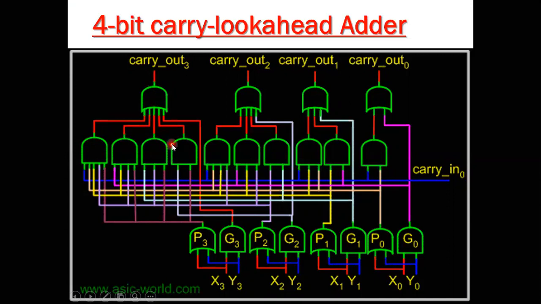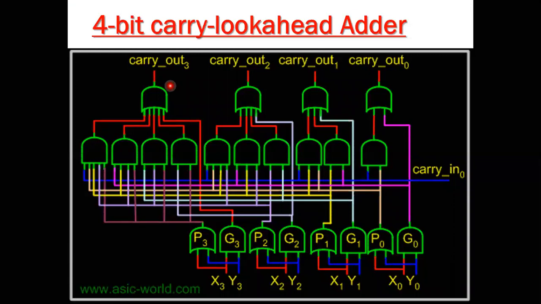But here we have produced this at a cost of what? The number of inputs to the gates keeps increasing. That is one drawback, but we have made sure all my C1, C2, C3, C4 will be available after only 3 gate delays.